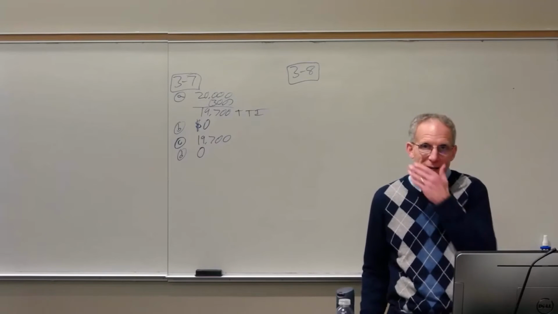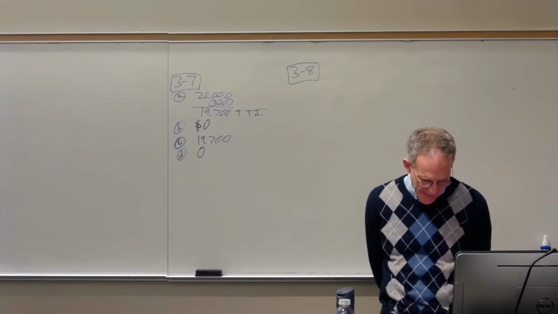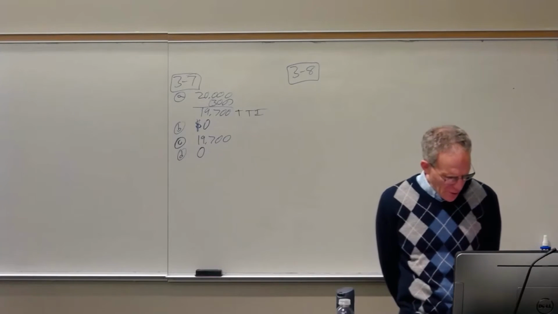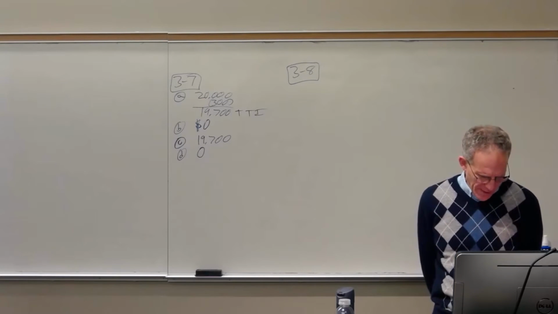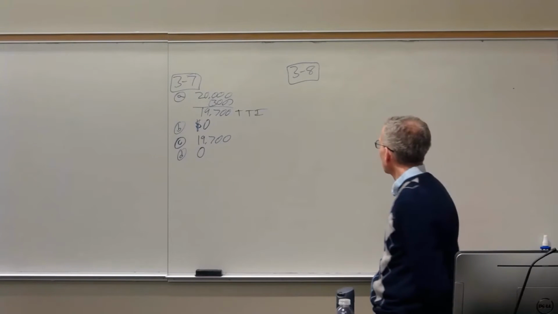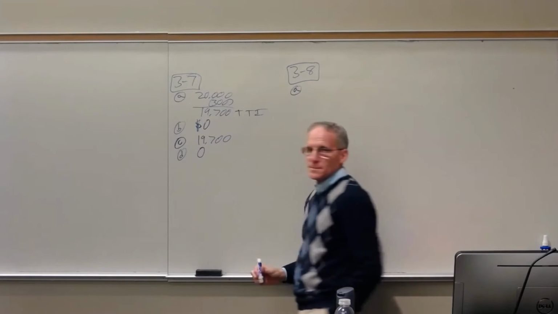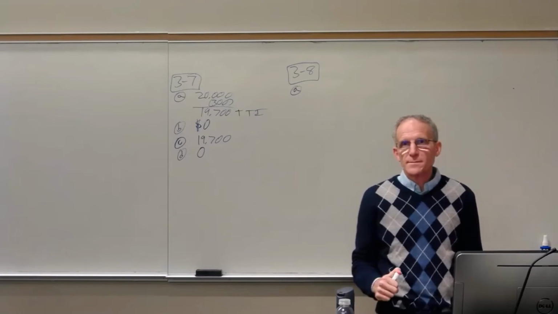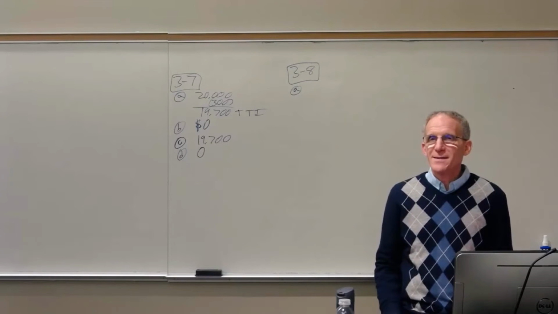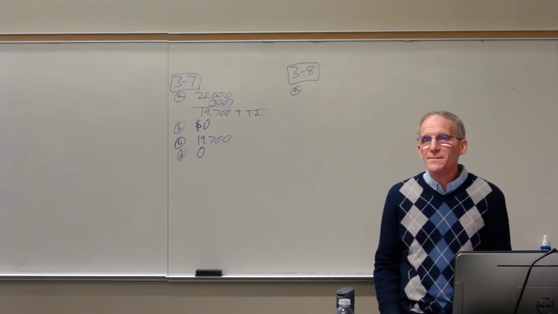You got this $10,000 of tax-exempt income. What is the trust gross income? Mohammed? 10,000.